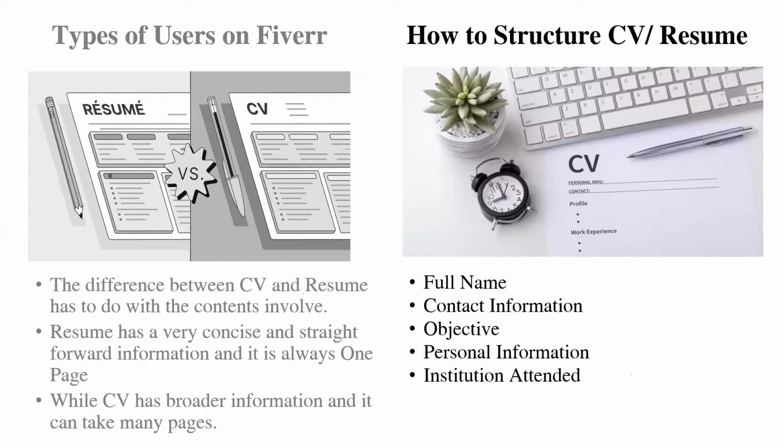Please, I don't think there is need for your secondary and primary school. Just put your qualifications and stop there. If you like, put it just to show how you started, maybe the year 2000, you did this.